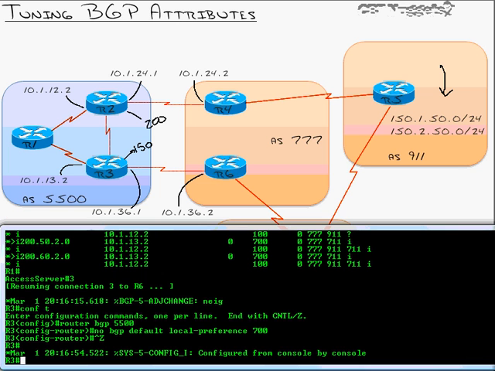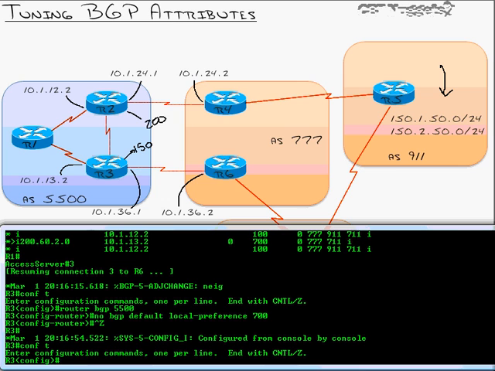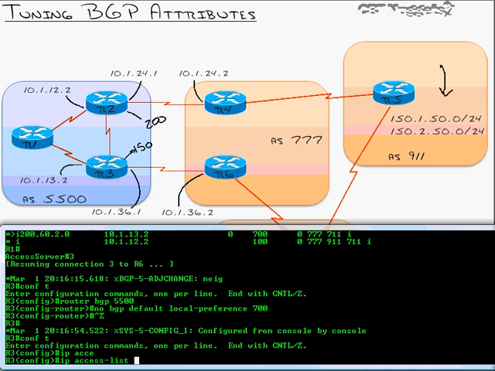You ready? Here we go. I'm going to go into router 3, get into global config mode. My first task is going to be to make an access list that matches the routes I'm talking about. So I will say, let's see here. I'm going to do a named access list because those are just so much prettier.